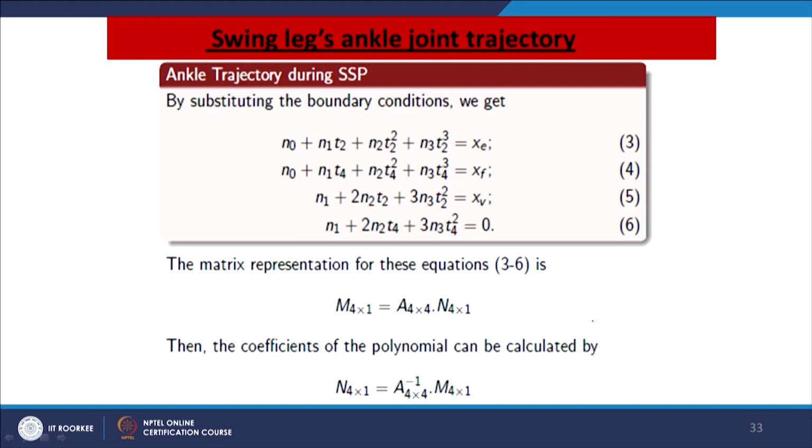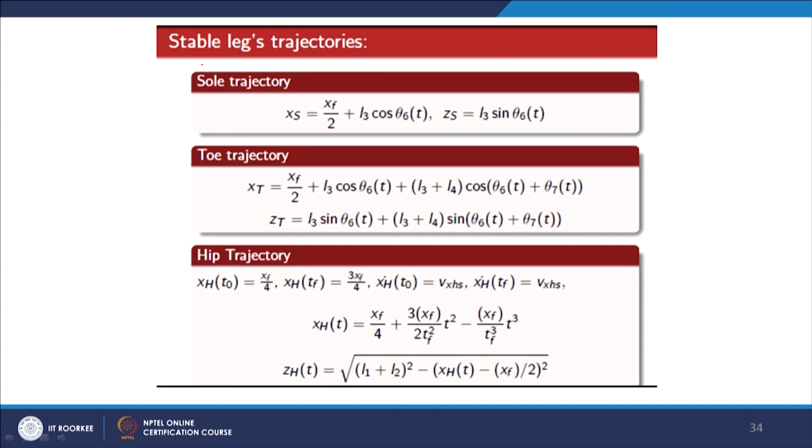We can derive a polynomial trajectory for the ankle as given here, because there are 4 conditions: initial and final position, and initial and final velocity. We can derive a polynomial of degree 3. And now the stable leg trajectory, as we have already seen, is a circular path.